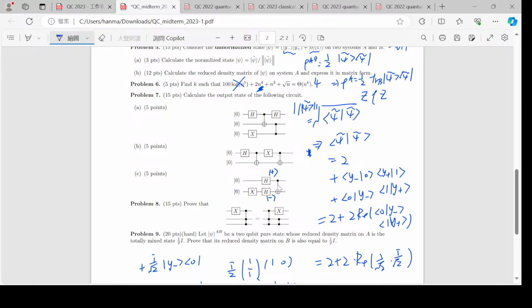because you apply X on the minus state, you get a -1 back, and if you don't apply X, then obviously it doesn't happen.